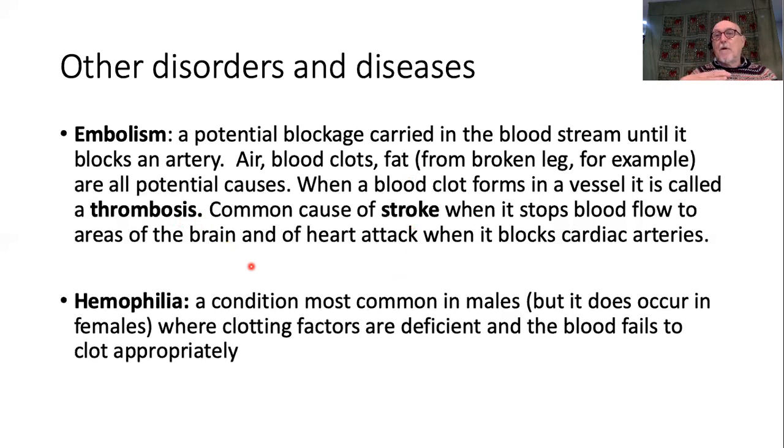We'll talk, for example, about coronary thrombosis when we talk about the structure of the heart. That is when a clot forms in a blood vessel and blocks a blood vessel of the heart itself. But thrombosis is also a common cause of stroke. Stroke is a situation where part of the brain is deprived of blood and hence of oxygen.